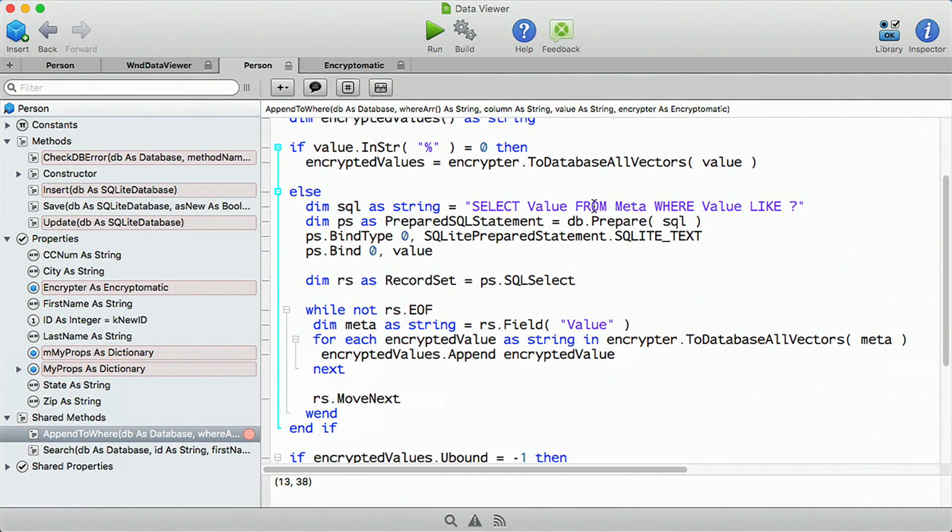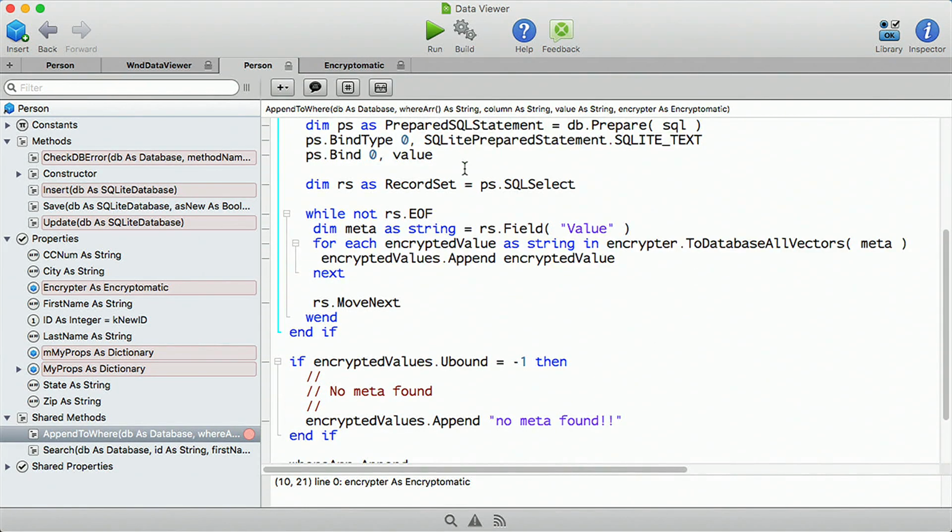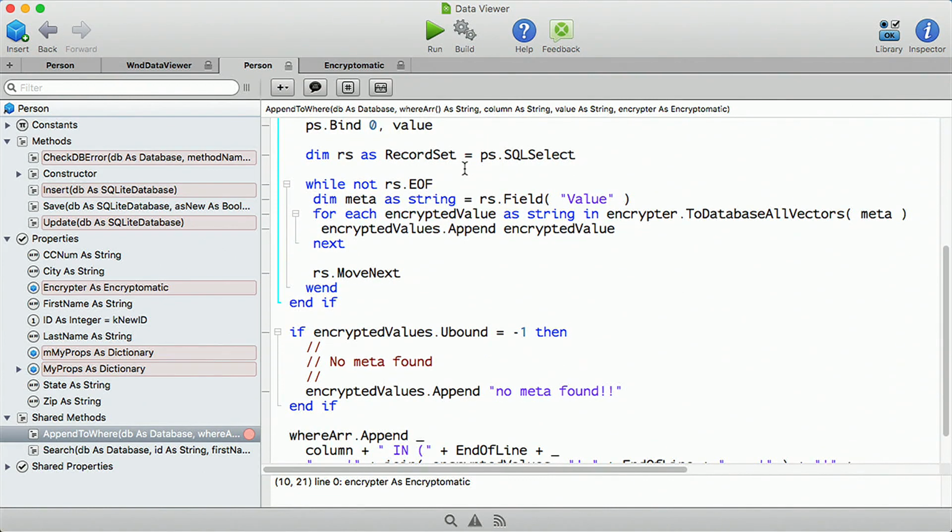If you are doing a like search, it'll pick the value out from the meta. Otherwise, it'll just do straight encryption on the value you're searching against and construct that where clause. This is actually very simple Xojo code, and in 64-bit aggressive, which is how I have this compiled, it's darn quick.